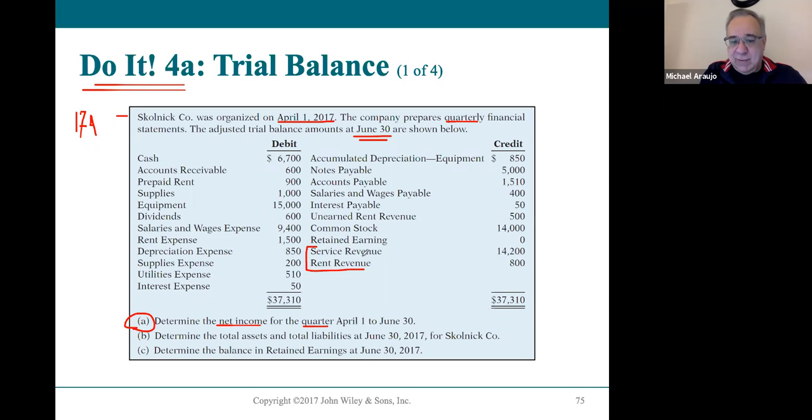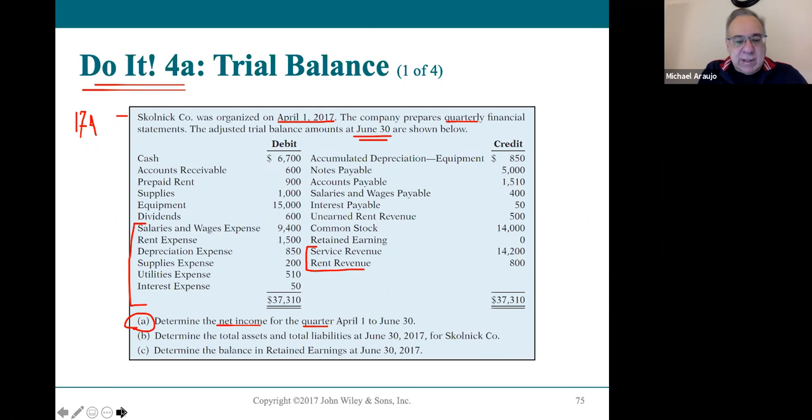Okay, there's two revenue accounts here. And then you have a whole bunch of expense accounts here. Okay, all of these are expense accounts. So you know how an income statement works, right? It's your total revenue minus your total expenses. That'll get you your net income.